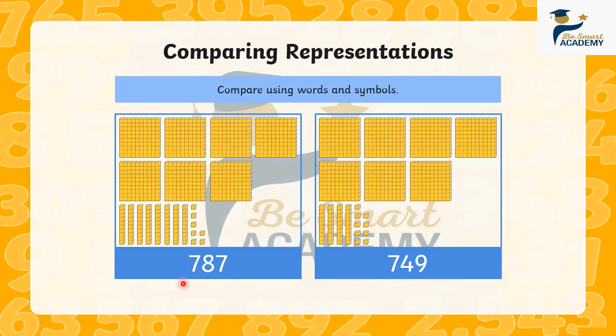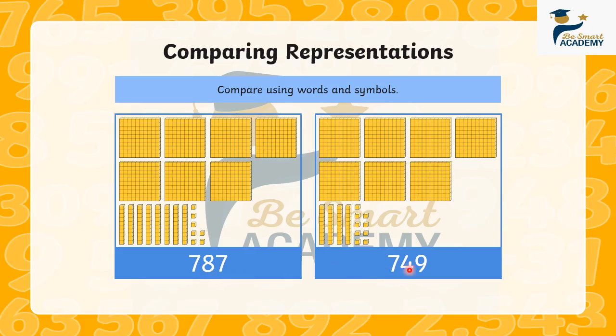and 9 ones. As we know, I start comparing from where? From the left. I have 7 hundreds in both numbers. We jump to the tens. I have 8 here and I have 4 there. Directly, I find a difference between the two numbers, so I need now to compare.